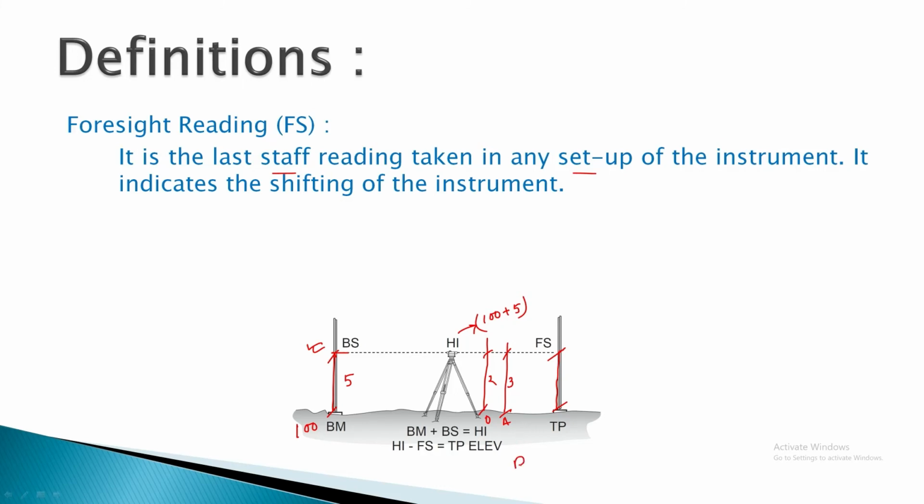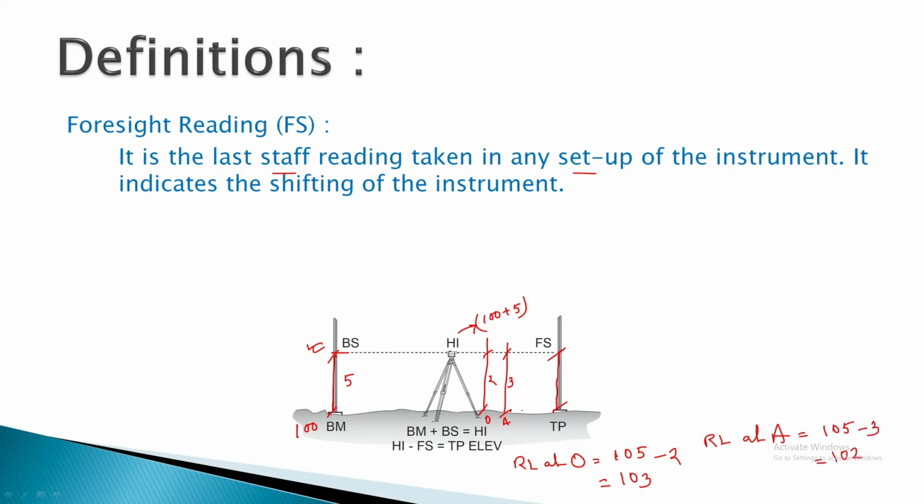So the RL at O will be 105 minus the intermediate sight reading, that is 2, which is 103. RL at point A will be 105 minus 3, that means 102.